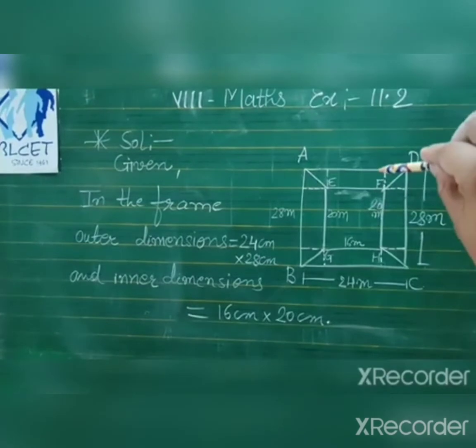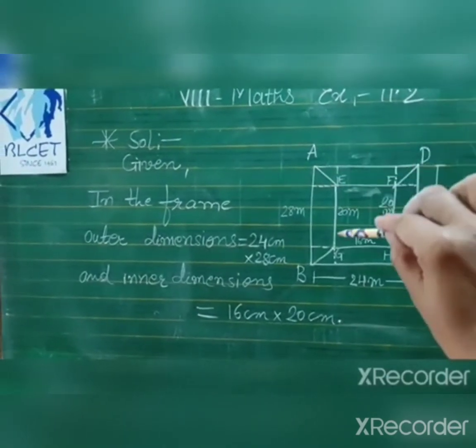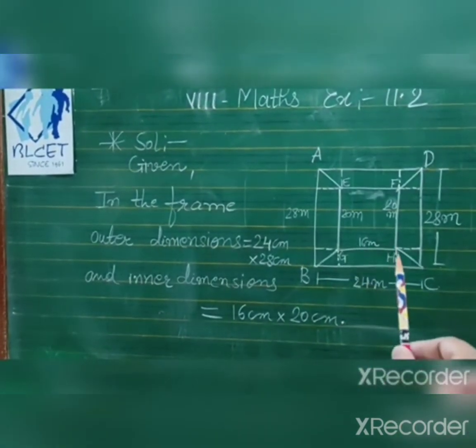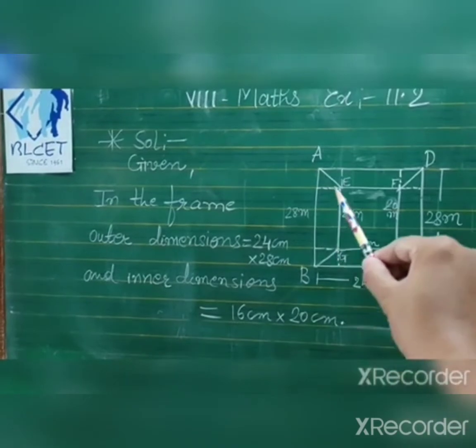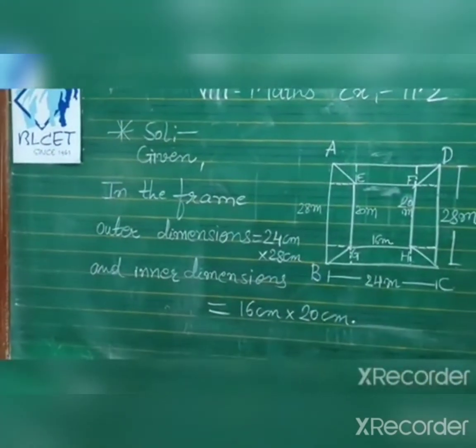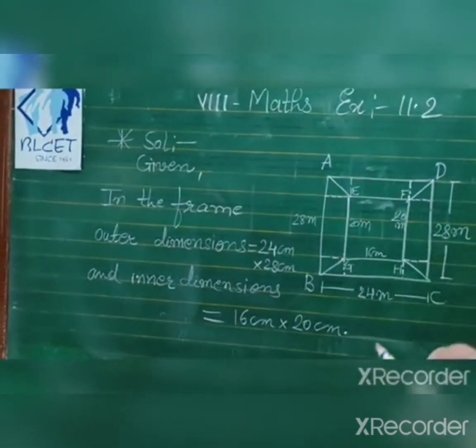That means here the width is 4 and below the width is 4. Same here, 4, 4. In the same way you can see here, 16 is here. So 4, 4. So the width of each section will be the same as given in the question. So width, that means height, will be 4 centimeter everywhere.